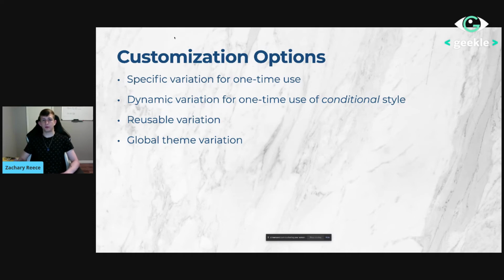Finally, you could also use a global theme variation, which is when you want to apply styles to every instance of a component across your entire application. Say the button in Material UI has a hover effect that you don't like, and you want to remove it for every button across your project. You can do that using the theme overrides. But we'll talk more about that in a minute.